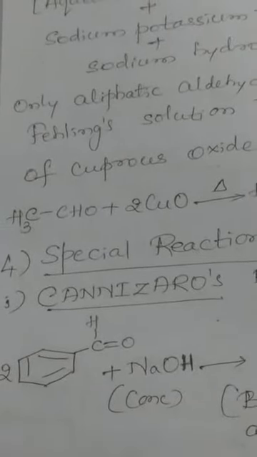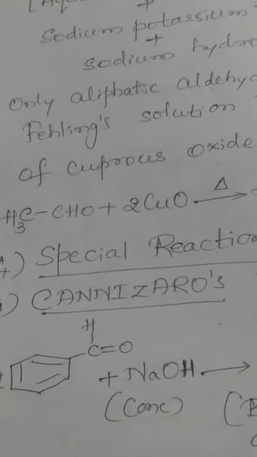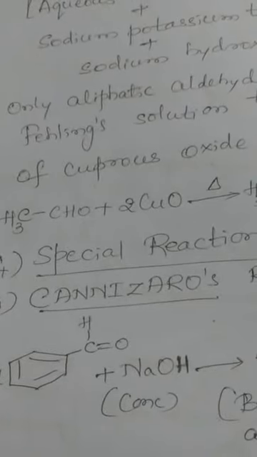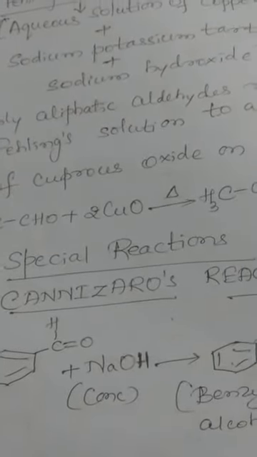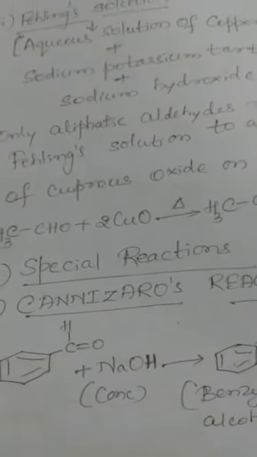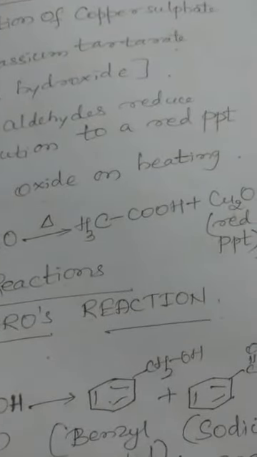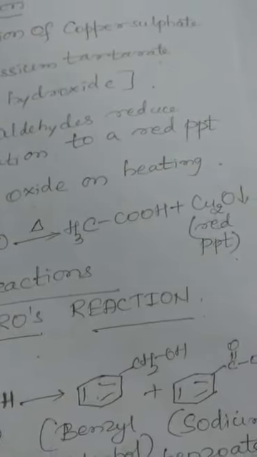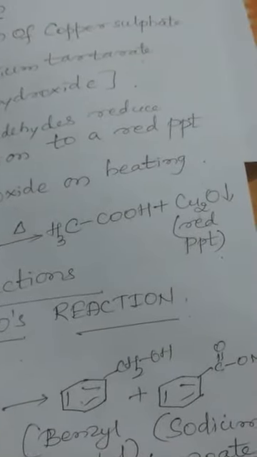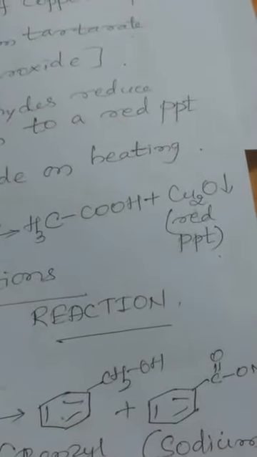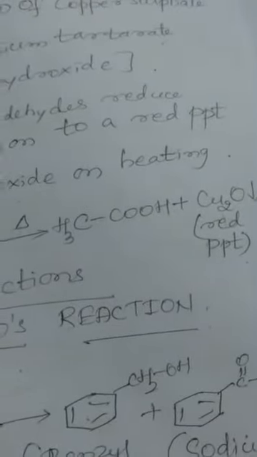If you take the example of ethanal or acetaldehyde, CH3CHO, on heating with Fehling's solution, CuO, you will get CH3COOH, that is ethanoic acid or acetic acid, and a red precipitate of Cu2O, which is cuprous oxide.